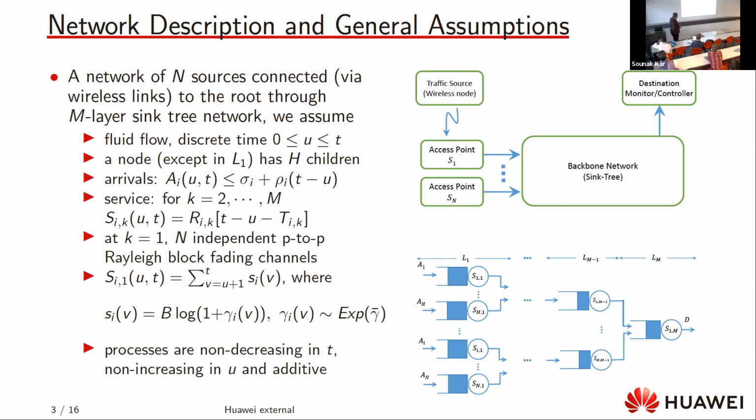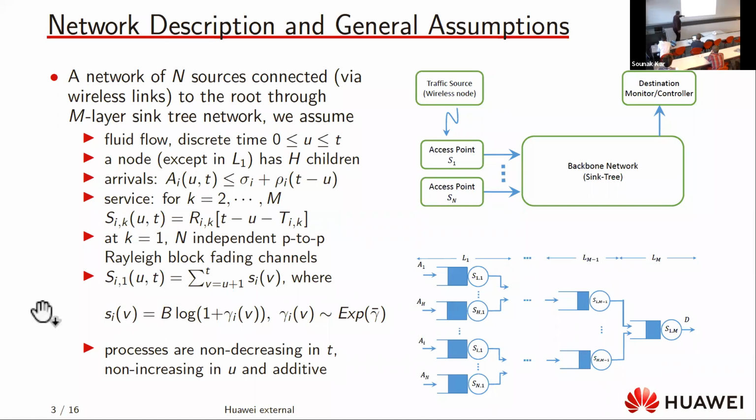We assume the arrival is regulated by a leaky bucket. For the wired part, we assume rate-latency servers. For the wireless fading channel, we assume independent point-to-point Rayleigh block fading channels.